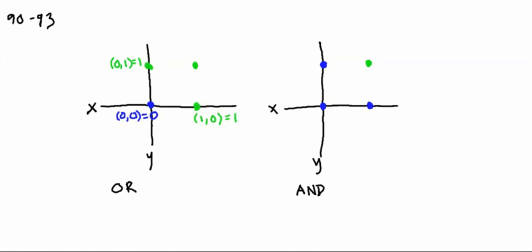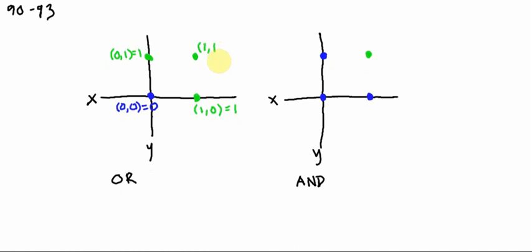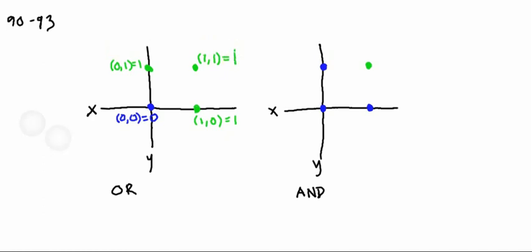And then remember, it's inclusive, so this will be 1, comma 1, and that is also true. Either Anne or Betty is home, and that's going to make the statement true when they're both home.